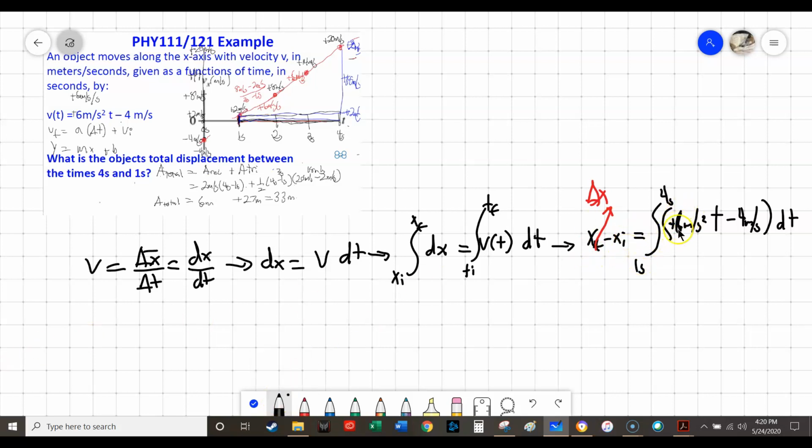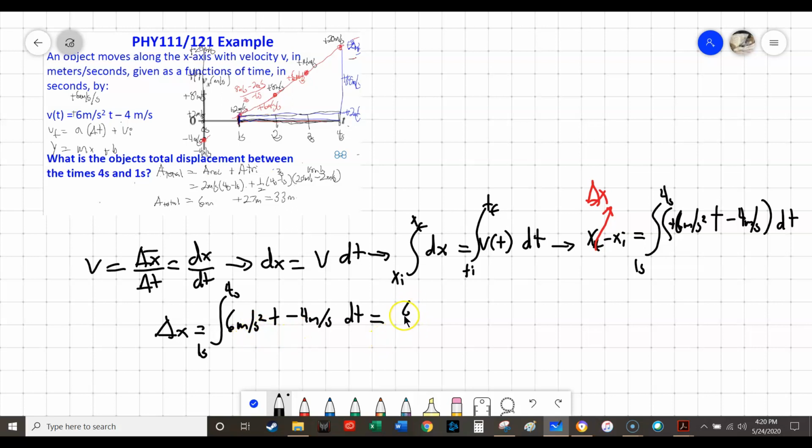This is 6. So delta x now is going to be equal to 6 meters per second squared t minus 4 meters per second dt from 1 second to 4 seconds. So now I'm going to integrate this. I'm going to integrate this first part.